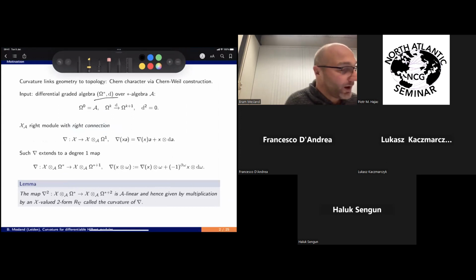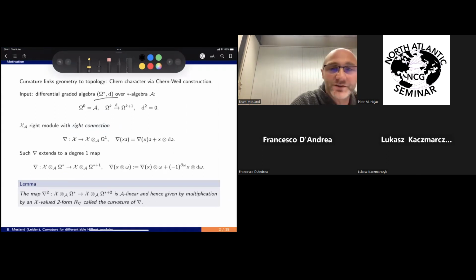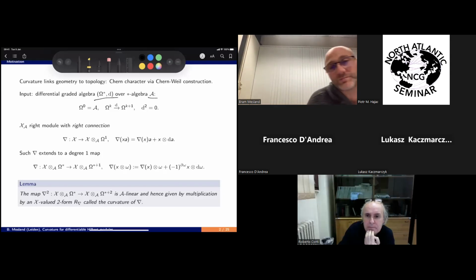So the input is a differential graded algebra, (Ω*, d), over a fixed complex star algebra A, say. And I'm not assuming anything about this A, it's just some algebra over the complex numbers. And that's what it will remain actually throughout my talk.